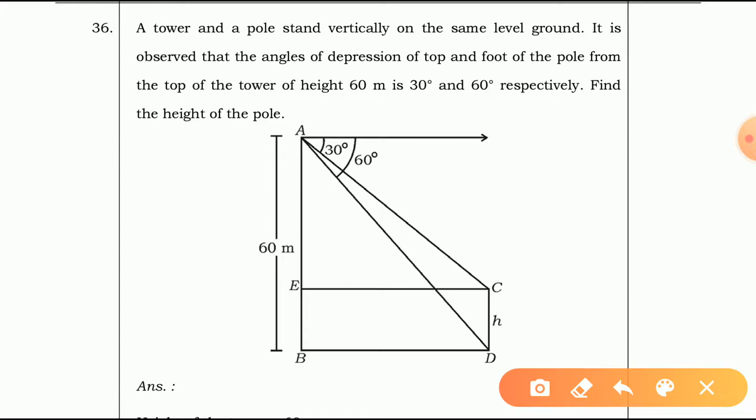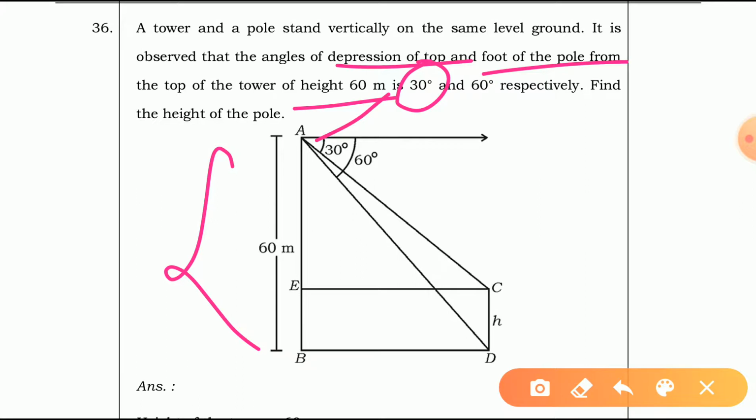It is observed that the angles of depression of the top and foot of the pole from the top of the tower, of height 60 meter, are 30 degree and 60 degree respectively. Find the height of the pole. This is CD, our pole.